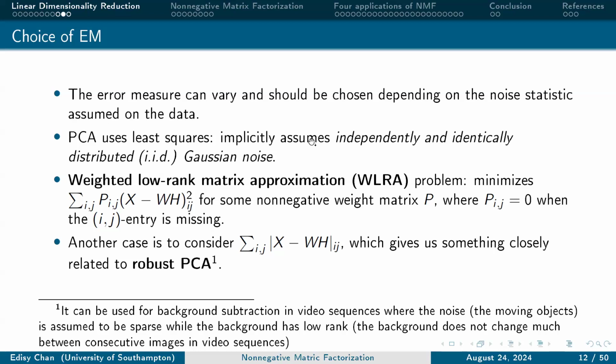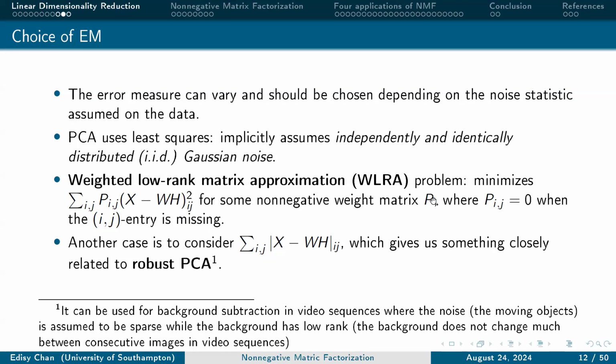But if we consider the case where some data may be missing or some data may have higher weights, then we can consider the weighted low rank matrix approximation, which is called WLRA. This problem minimizes this norm, and you can see that it is the weighted matrix norm.